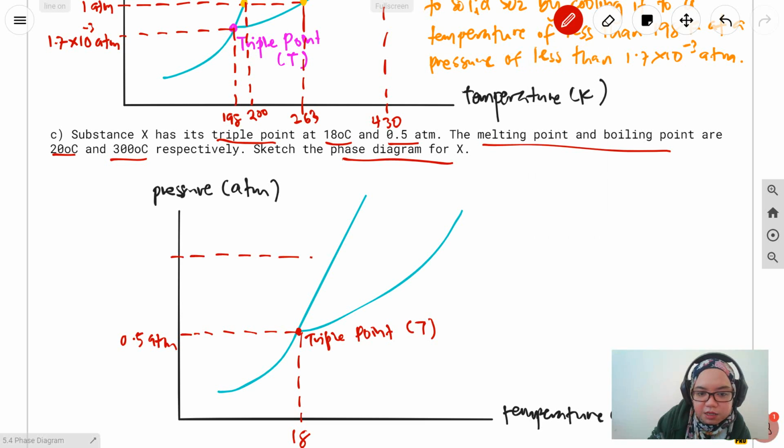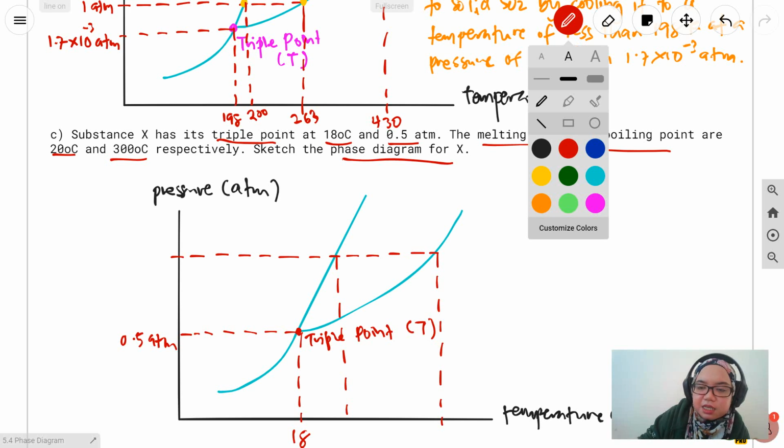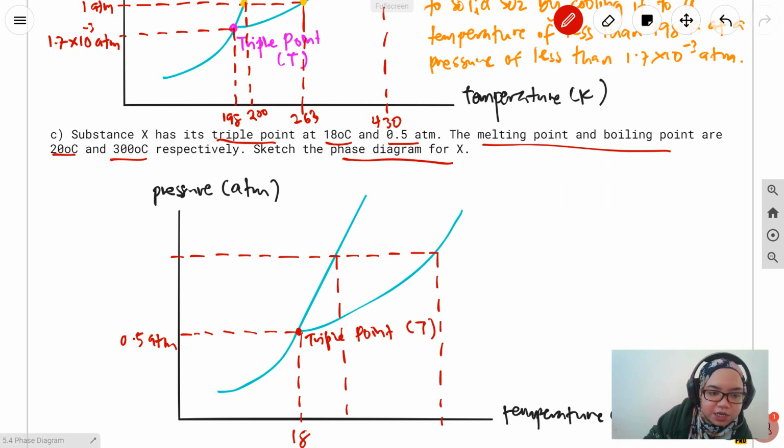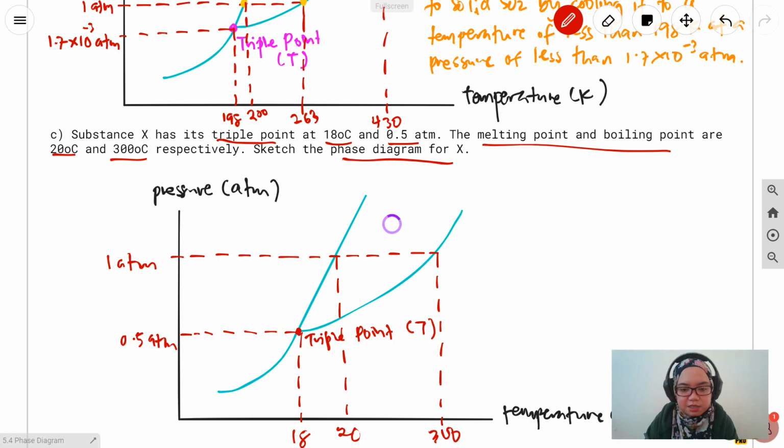So, kita label. So, ini dia punya melting point dia. Okey, teruskan lagi. Ini adalah dia punya boiling point dia. So, awak label dekat sini. So, ini adalah 1 atm. Okey, so dia normal boiling point. So, kat sini dia punya melting point dia adalah 20 degree Celsius and boiling point dia adalah 300 degree Celsius.